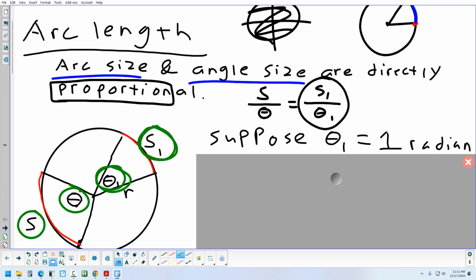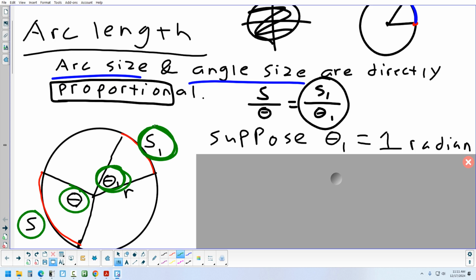So this is one of the first things we said when we looked at the definition of a radian yesterday. If that angle is 1 radian, then the length of this arc is the same as the radius. That's going to be the fact that we know is true. Okay?